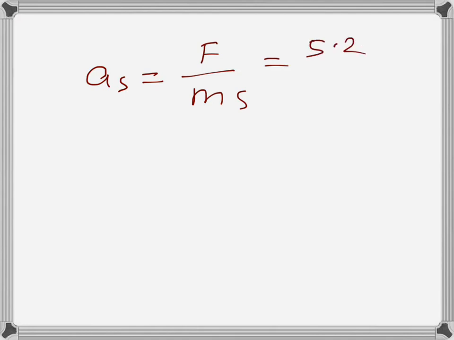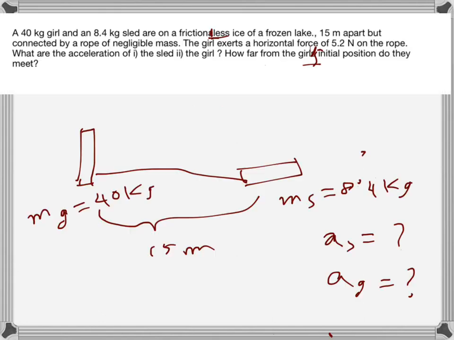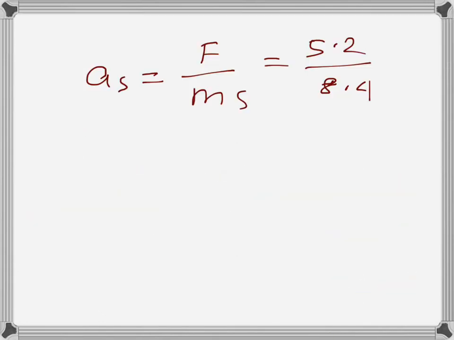So the girl exerts a force of 5.2 Newton. Both the girl and the sled will have acceleration according to their mass. So the sled's acceleration will be F over ms. That will be 5.2 Newton divided by 8.4, which I guess is the sled's mass.